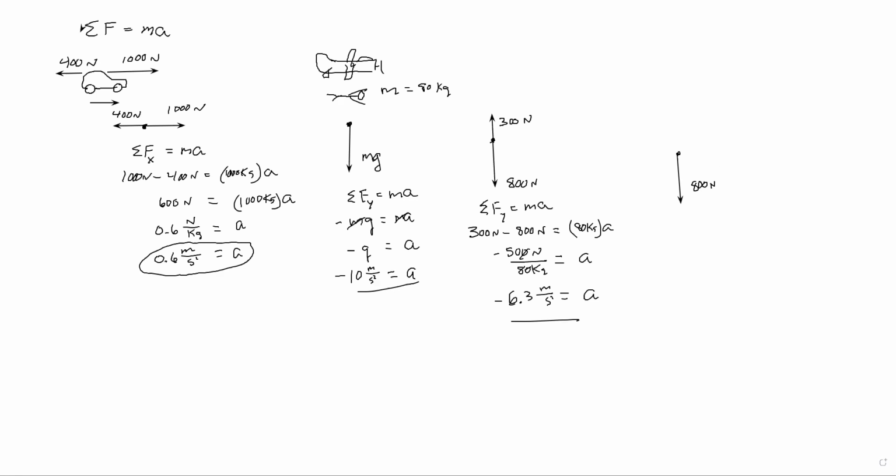And when they move fast enough, this person's air resistance will actually match their weight. So this air resistance eventually becomes 800 newtons. You can see now that this force diagram no longer shows a net force.